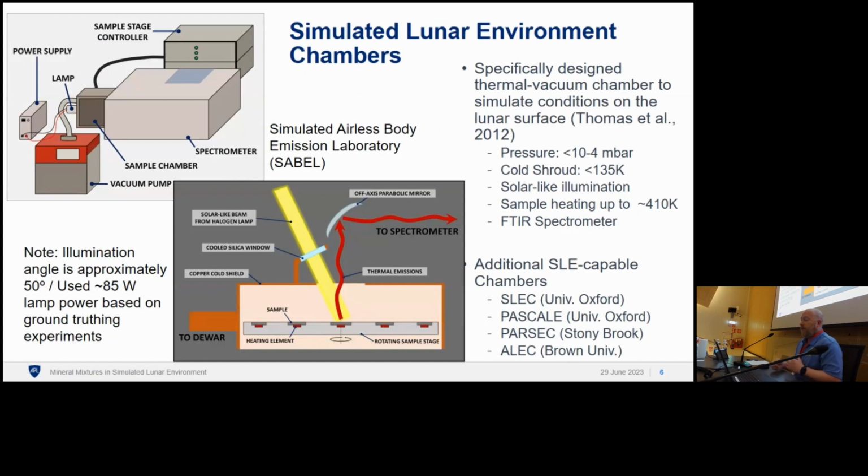It's a thermal vacuum chamber where we can control the temperature of our samples. We illuminate them using both heaters and a lamp, and we create a lunar-like environment. We heard from Alessandro yesterday about a similar setup at DLR, and there are setups at Oxford, Stony Brook, Brown University, and soon University of Central Florida.